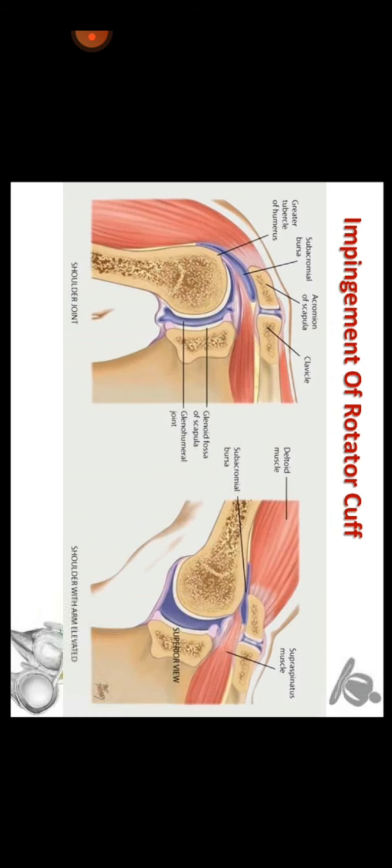So in complete tear also, tenderness is present, pain is there, impingement signs are there, muscle wasting is there, and that's it. Patient may not be able to abduct the arm with minimum resistance also.